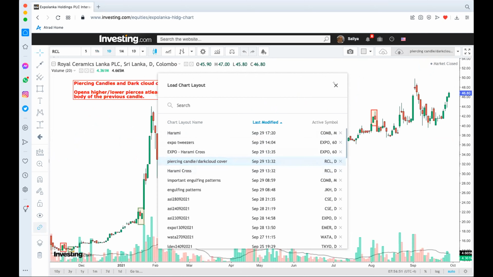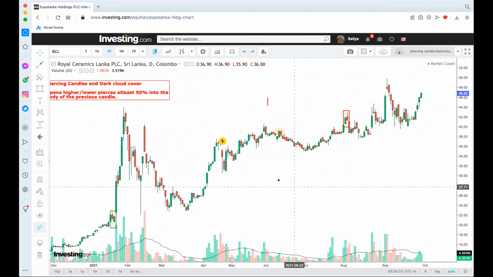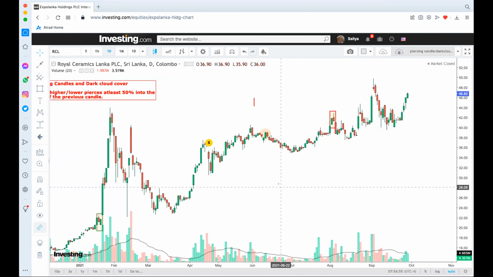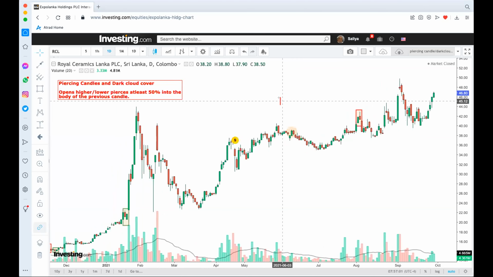The piercing candle and the dark cloud cover are the same thing in opposite directions, right? What it means is that a dark cloud cover is when the prices go up and at some point the price opens higher than the previous close, and it can go up further.